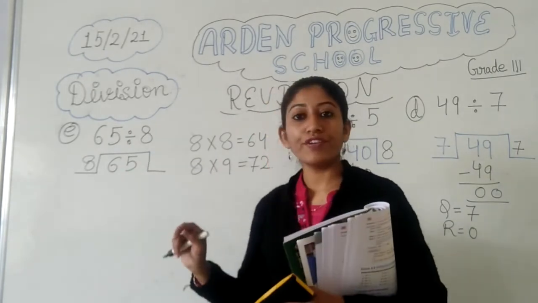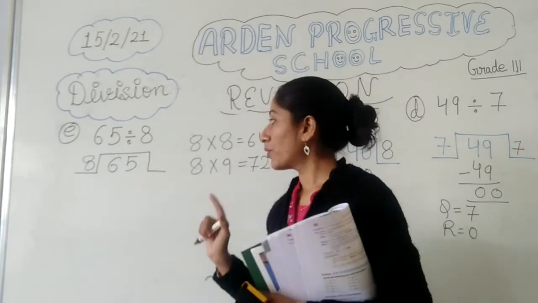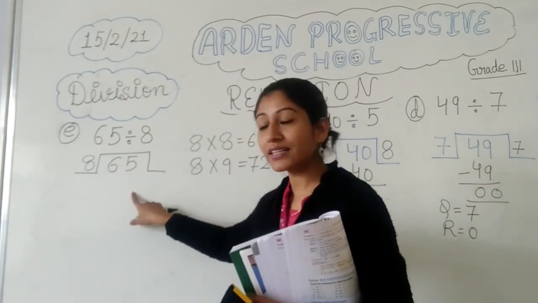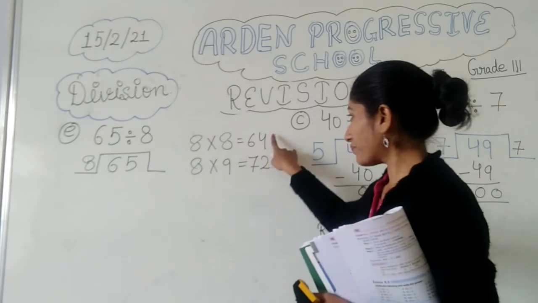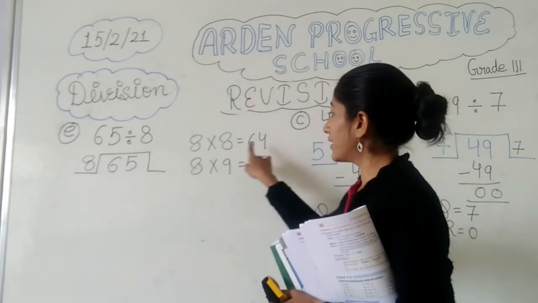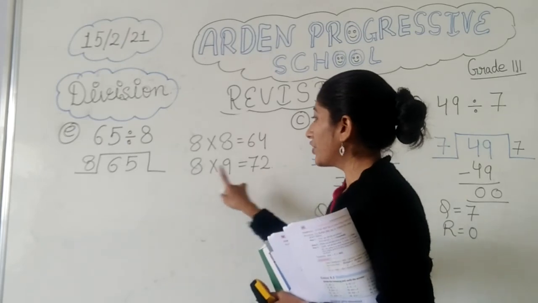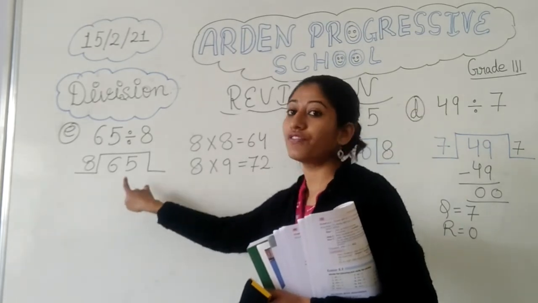Why? Because we have to do subtraction and we cannot subtract it. So 8 into 9 is 72 will be greater than 65, so we cannot take it.